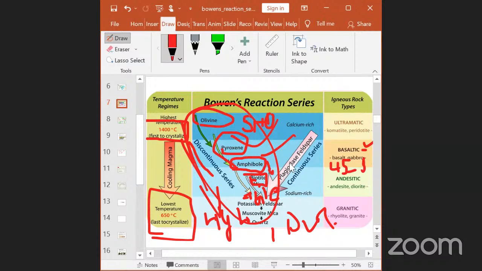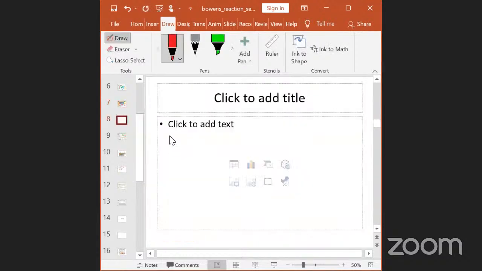So suppose olivine is formed and it is removed, right? Then the melt will be enriched in silica, so the later phases like amphibole or biotite will form.